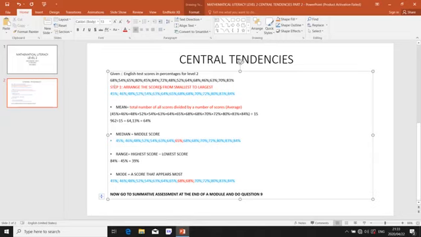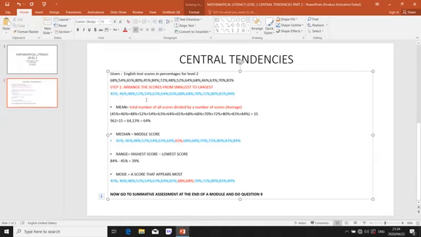For instance, the first one now will be 45, followed by 46, 48, 52, 54, 63, 64, 65, 68, 68, 70, 72, 80, 83, and the last one is 84.